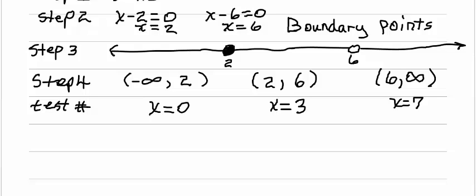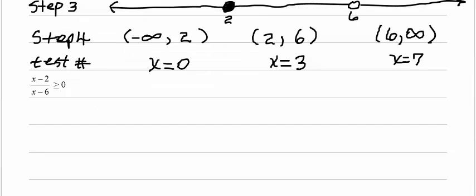And let's remember our inequality. Okay, so remember, this is our inequality, x minus 2 over x minus 6 greater than or equal to 0. So we have our test numbers, and we are going to replace x with those test numbers in the inequality. So 0 minus 2 is negative 2. 0 minus 6 is negative 6.